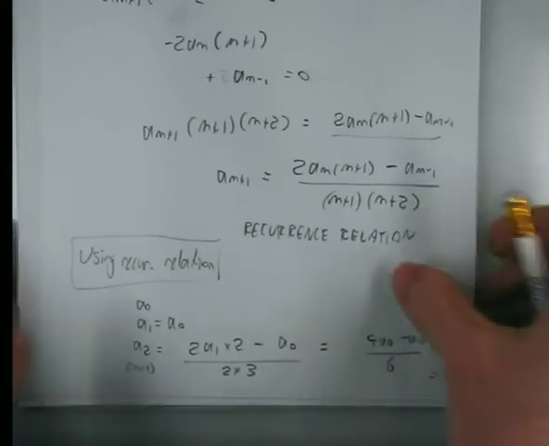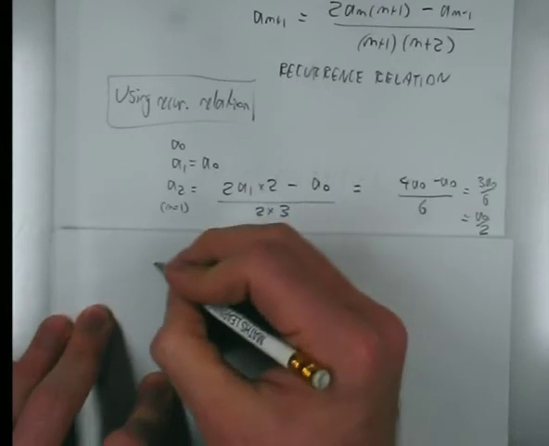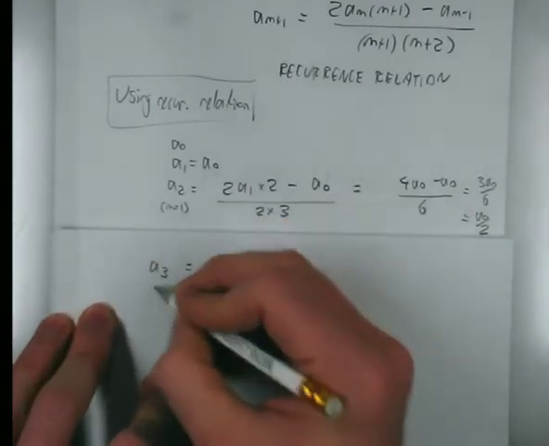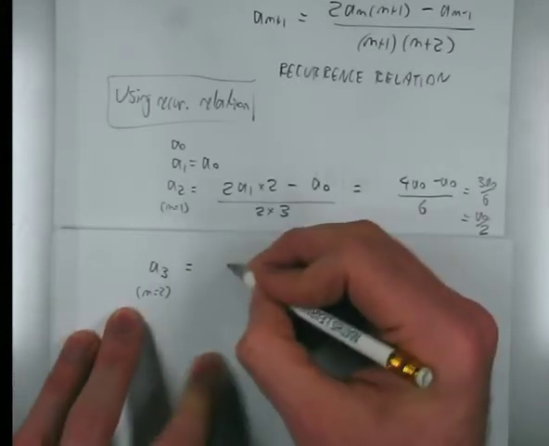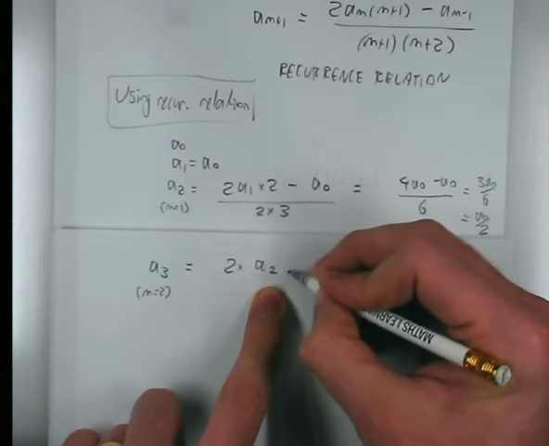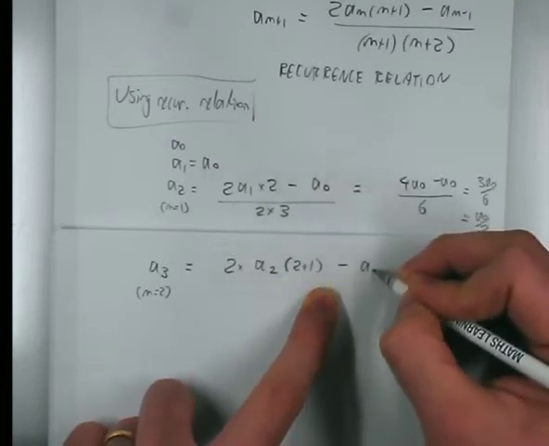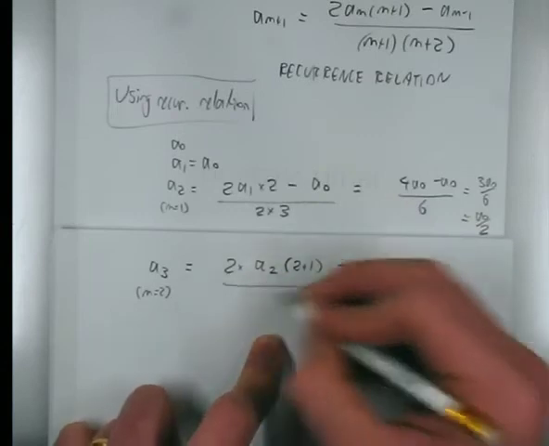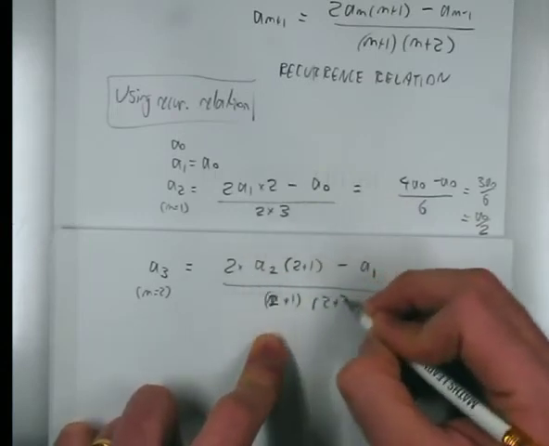And then you can continue in that way. They only asked me for the first 3, but just so that you can see how this works, A3, which happens when M is 2, is 2 lots of A2 times 2 plus 1, minus A1, over 2 plus 1, 2 plus 2.